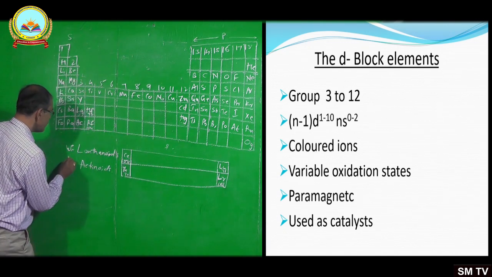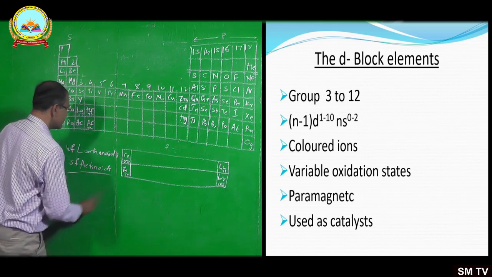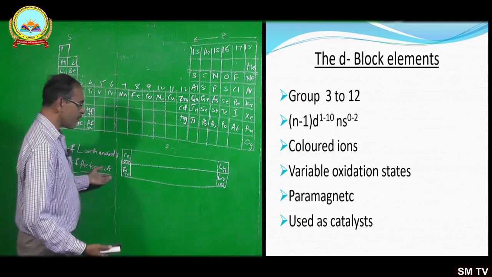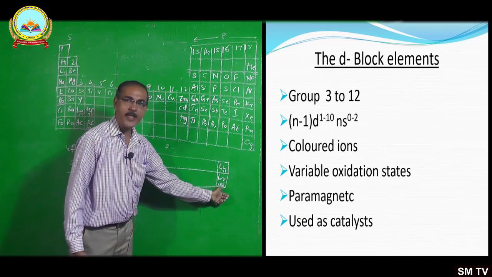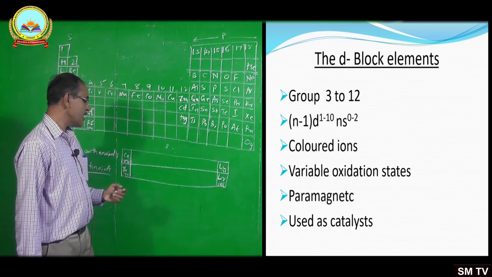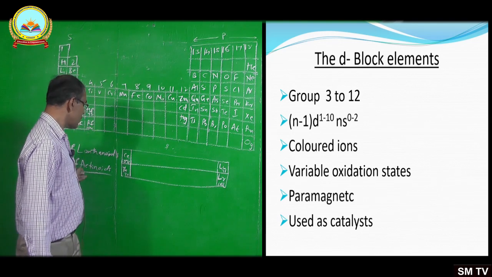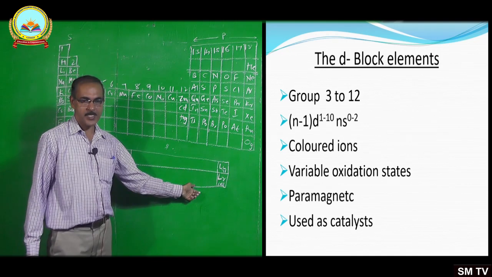This is the 4f series. Then the 5f series, the actinoids: again 14 elements from thorium 90 to lawrencium, atomic number 103. In these 14 elements, the 5f starts filling. So, these are called the 5f series.